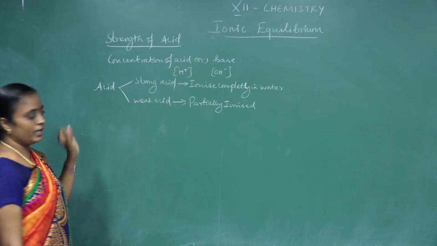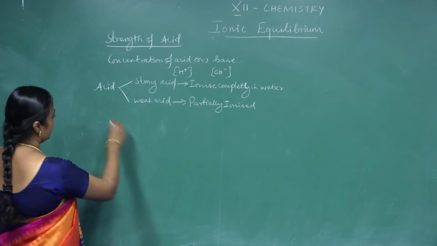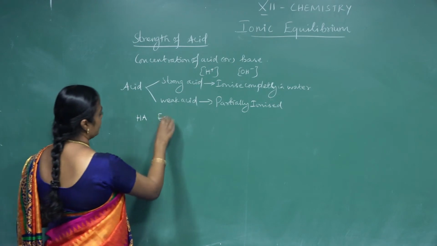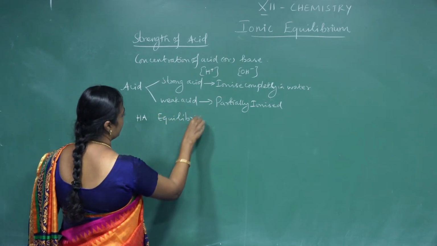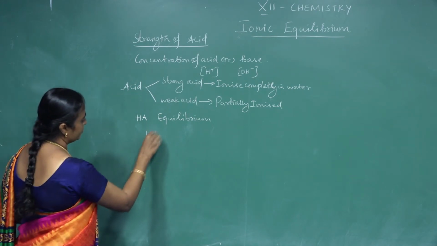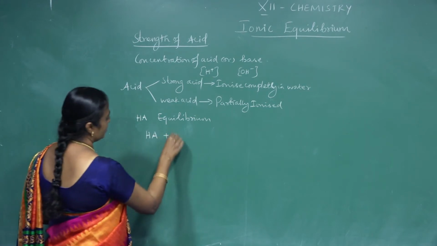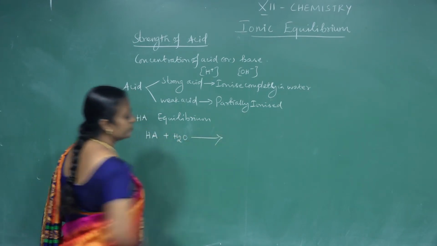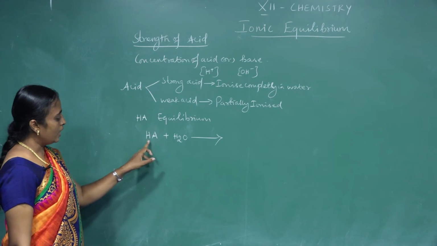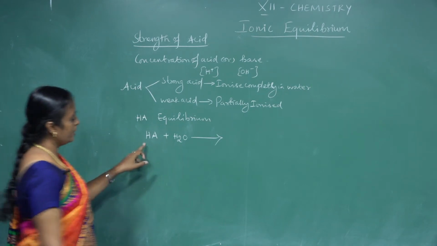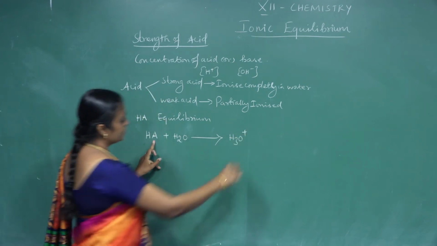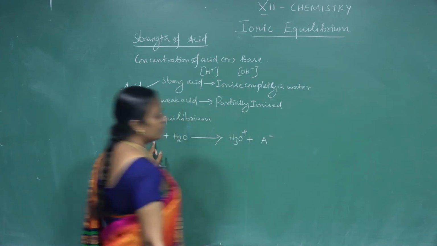Okay, so if you take any acid, there is an equilibrium. If I take the acid as HA and dissolve it in water, it will be ionized and it gives hydronium ion plus the anion.